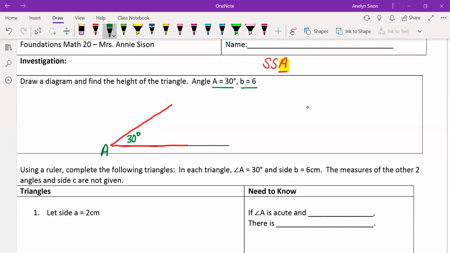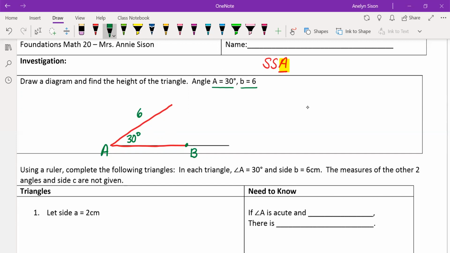So right now we know that the side that is the pair is B. Okay, we're given B as 6. We don't know the angle, so we put the B here, and the 6 will be the side that's attached to our angle.